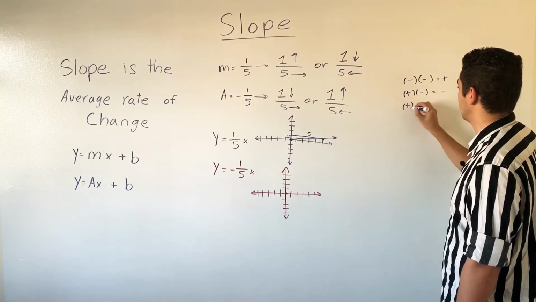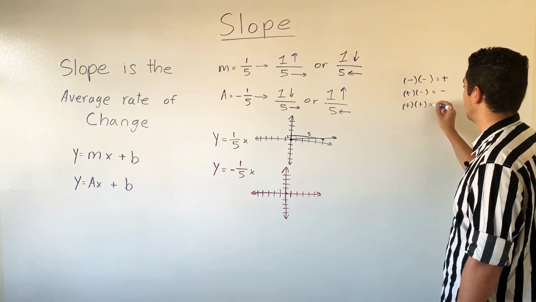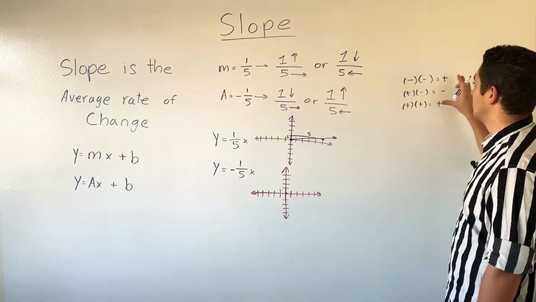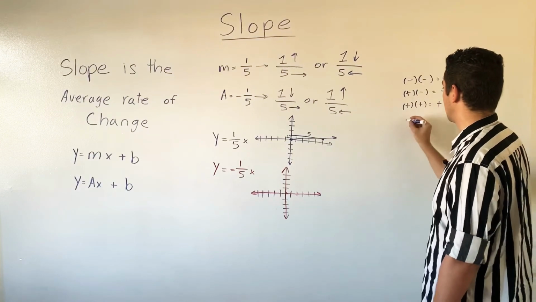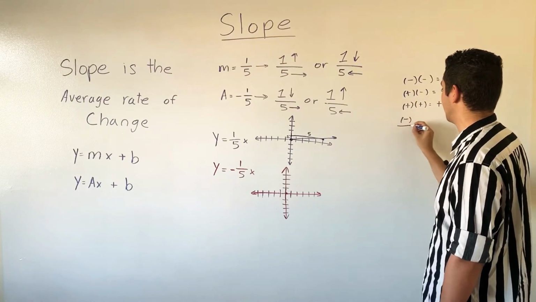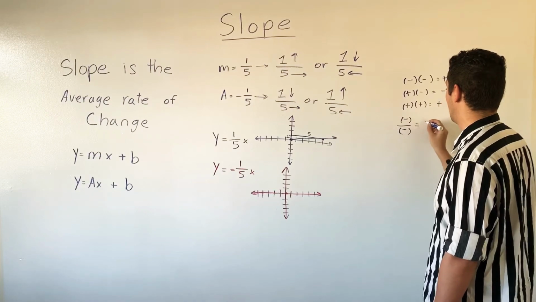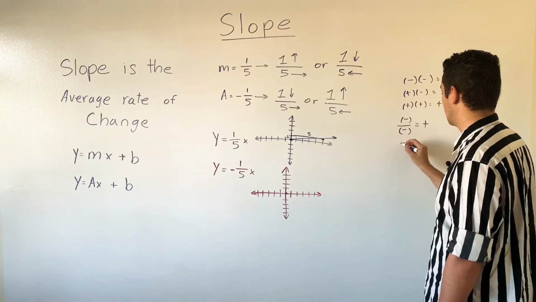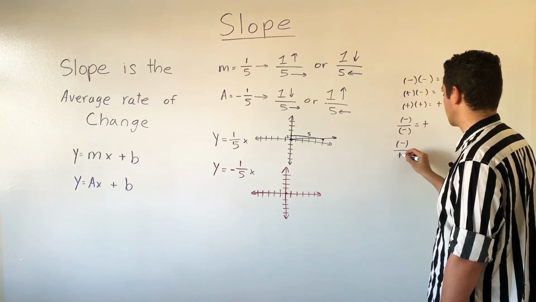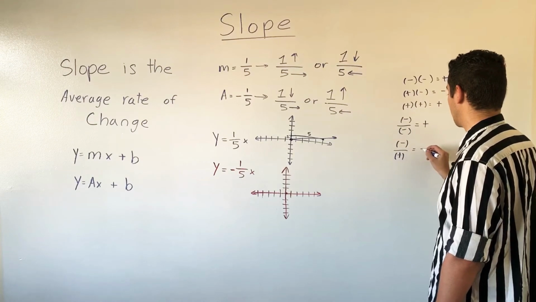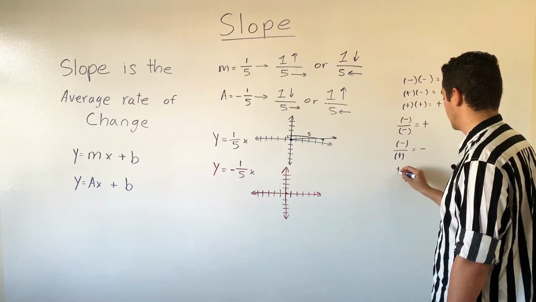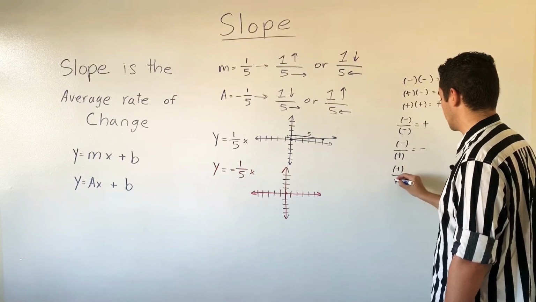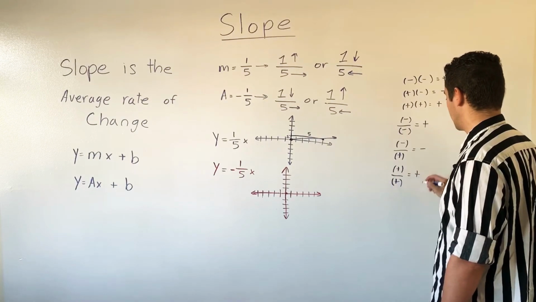And positive times positive will give you positive, okay? Now this also applies in division. If I say negative divided by negative, that will give me positive. Negative divided by positive will give me a negative. And positive divided by positive will give me a positive, okay?